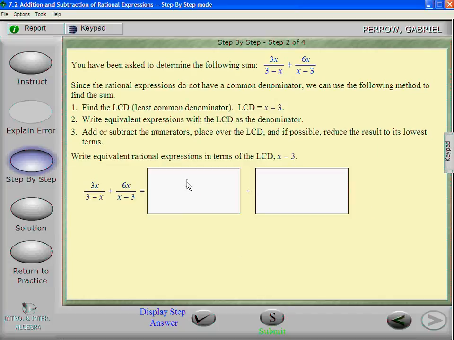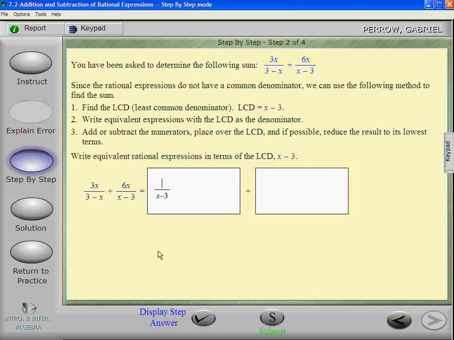So in other words, they say write as equivalent fractions. Well, if I were to take the first fraction, factor out a negative 1 from the bottom, I would end up with on the bottom an x minus 3 instead of a 3 minus x. But what would we do with that negative?